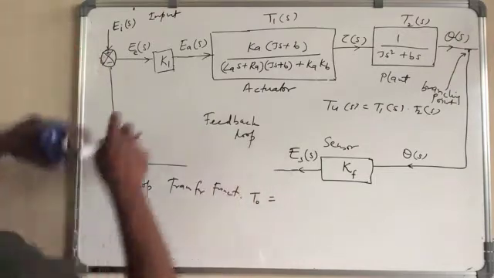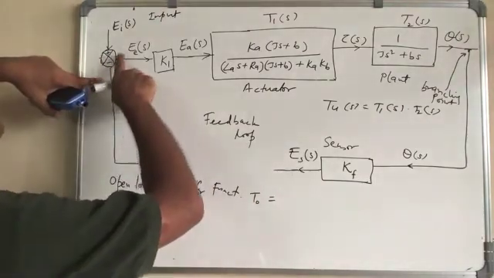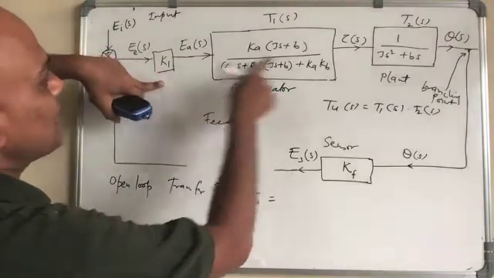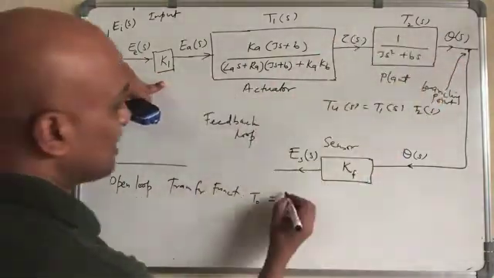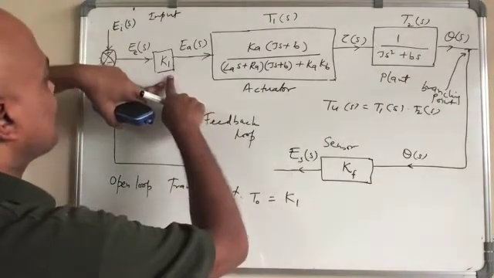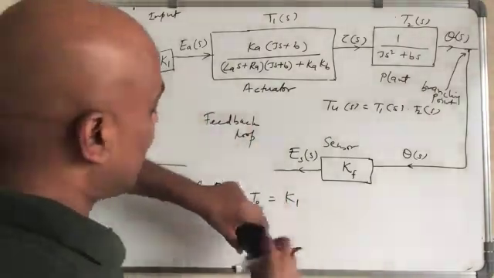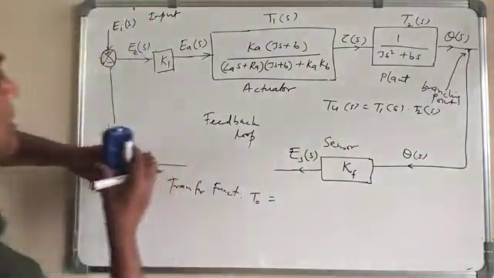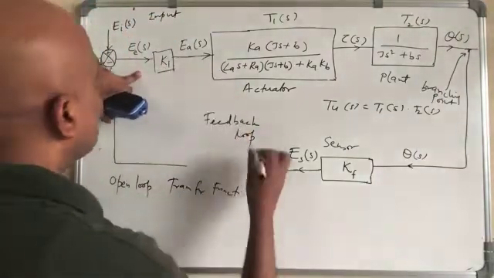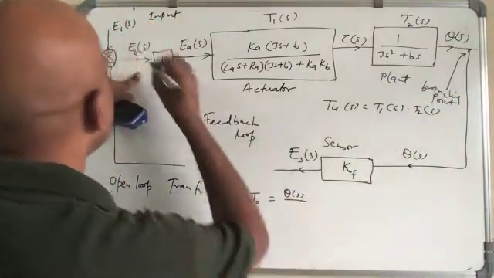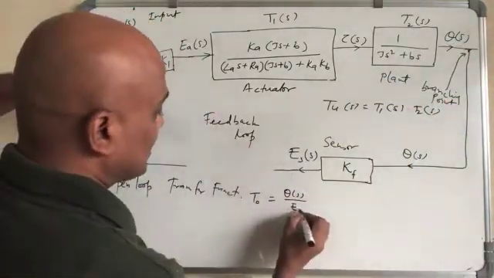For open loop, we simply multiply all of them, starting with this K1, and we will get it. Why multiply? Because this will be equal to theta S divided by EIS.